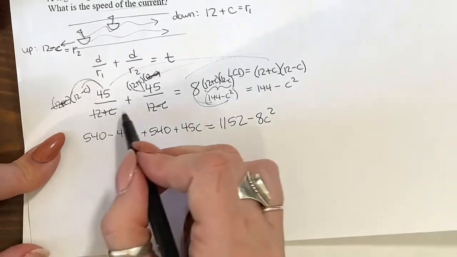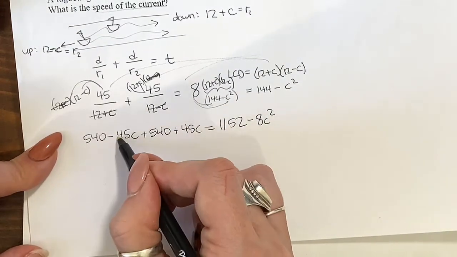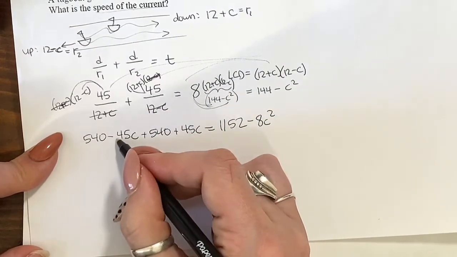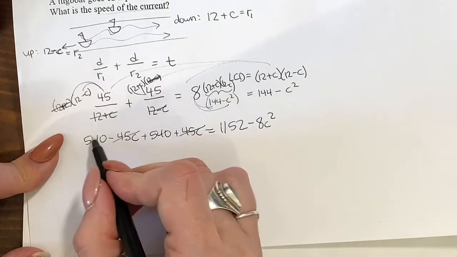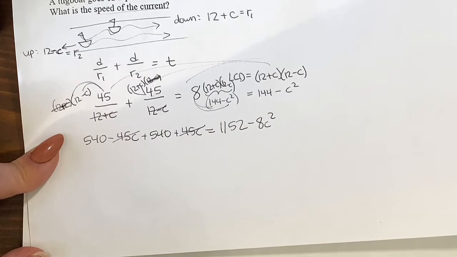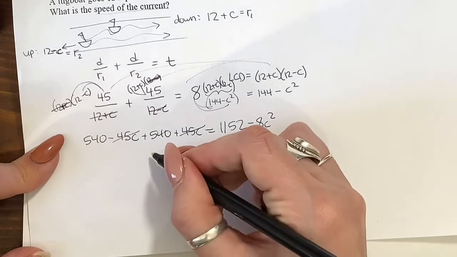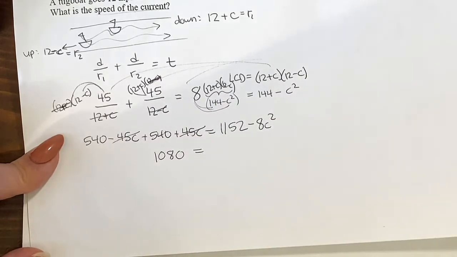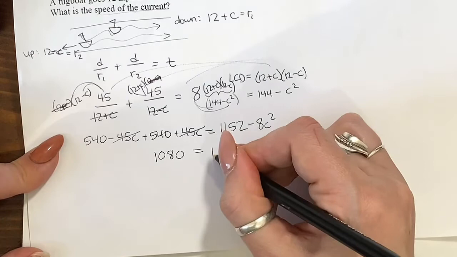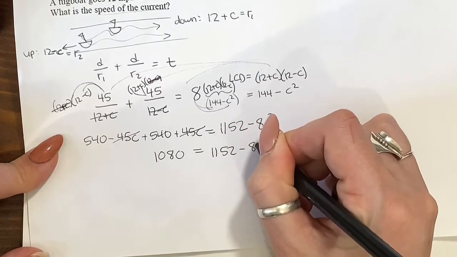So the nice thing was over here, we have a negative 45c and a positive 45c. Those are just going to cancel out with each other, which is convenient. And then we have 540 plus 540. So we can add those together, which is 1,080. So we just have a number over here. And then that equals 1152 minus 8c squared.